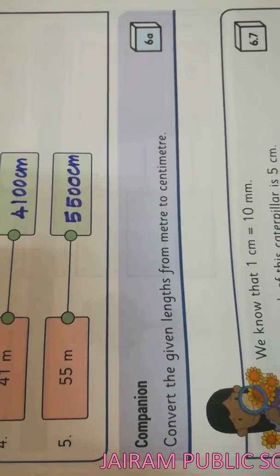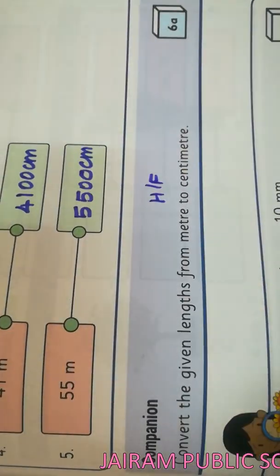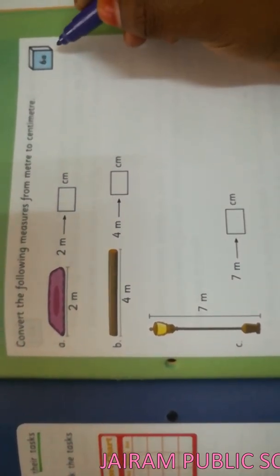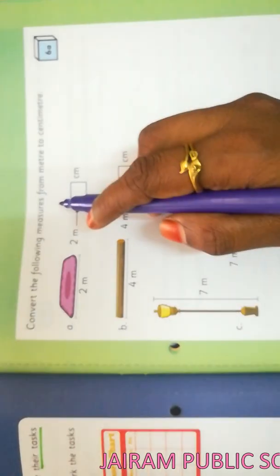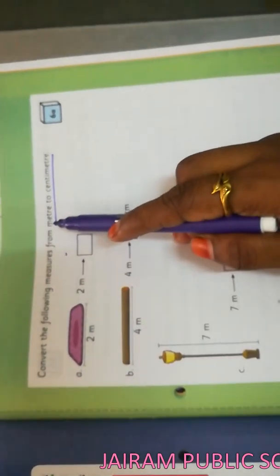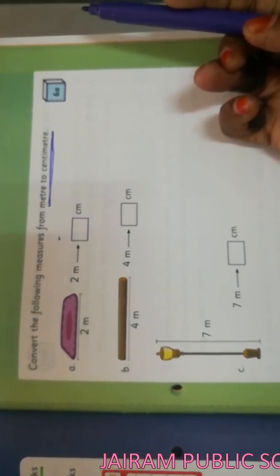Next, companion activity 6A. This is your home fun. This is in your companion book, page number 57, children. Activity number 6A. Convert the following measures from meter to centimeter. For that, we have to multiply the meters by 100.